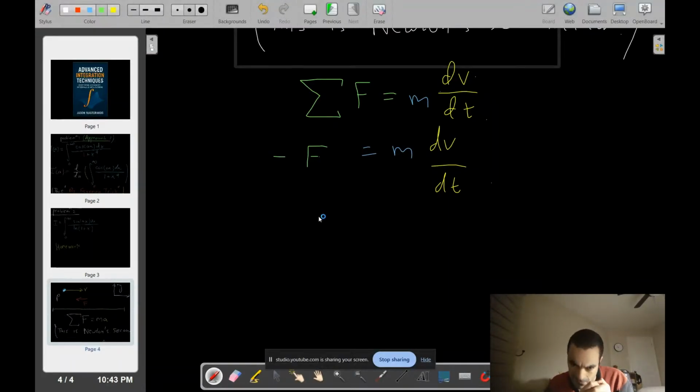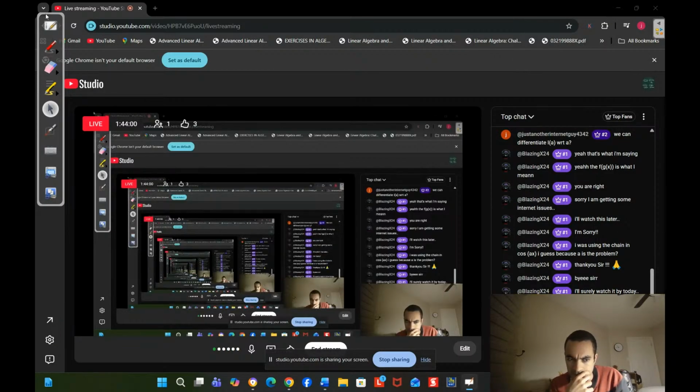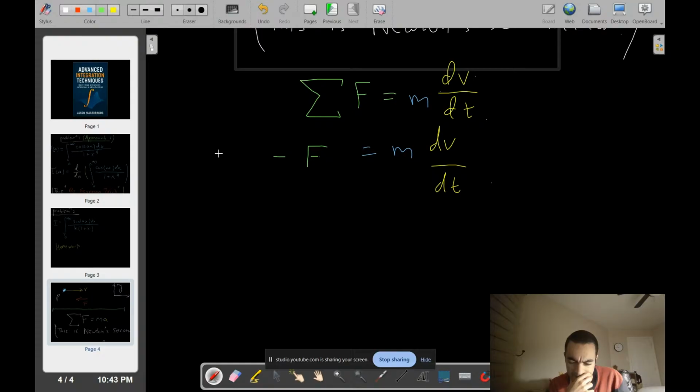Now, this is interesting. Anything to do with the momentum or change in momentum, which would be the impulse of the particle. Because the negative F equals m dv dt.